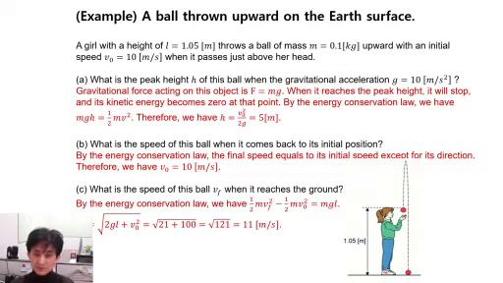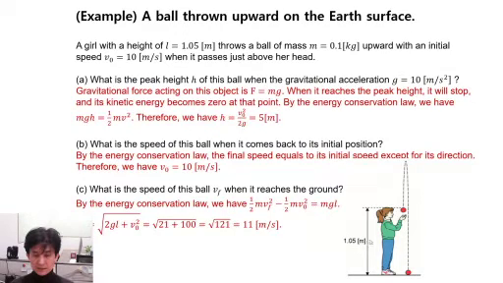Next, we have an example. As some students asked questions during the class, after the class I made this as an example. There is a girl and she throws a ball at the height of her head, and the ball goes up, and at the peak the ball starts falling down, and it falls down to the ground.